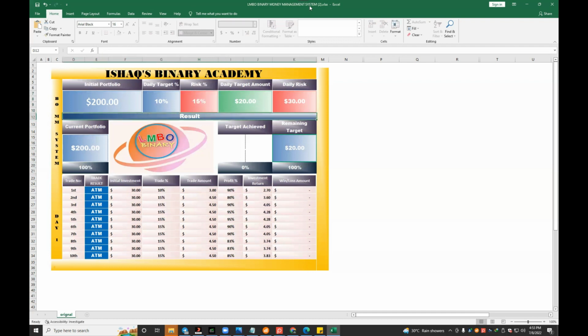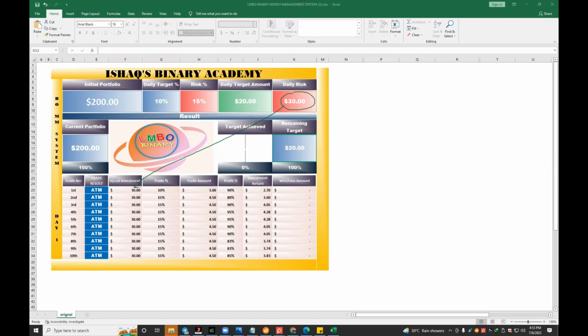So in case I achieve the target, I will win $20. And if I'm unable to achieve the target, I will lose $30. So after that, how can we use this amount, this daily risk of $30? You will find it in this area.